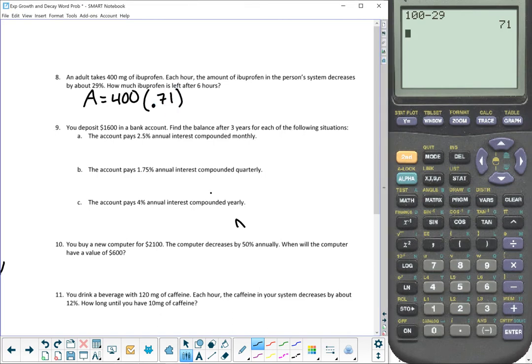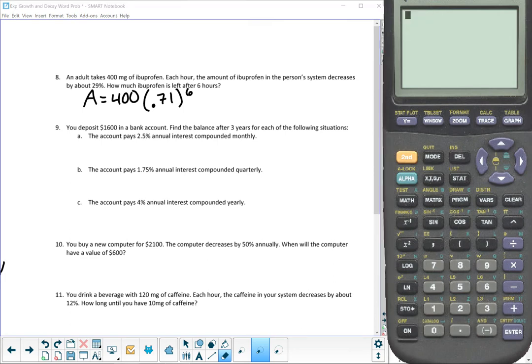Okay, and this happens each hour, right? So after every hour this happens. So our N in this case is going to be 1 because it happens after every hour. It's going to be after 6 hours, so to the power of 6 divided by 1. But again, we don't really need the 1 because 6 divided by 1 is still 6, right?